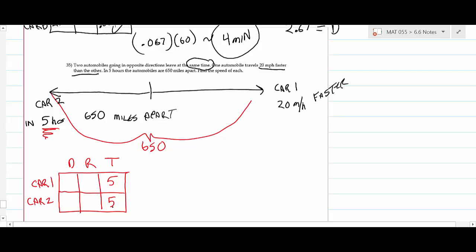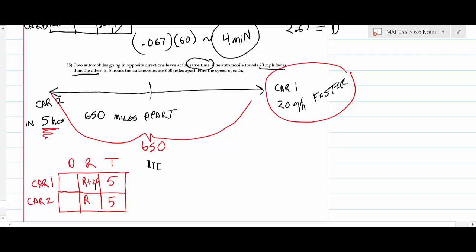We don't know the rates, but we know how the rates relate. What we decided was car 1 is going 20 faster than the other. So let's call the other one R. Then what is car 1? R plus 20, because it's faster. Okay, like that.